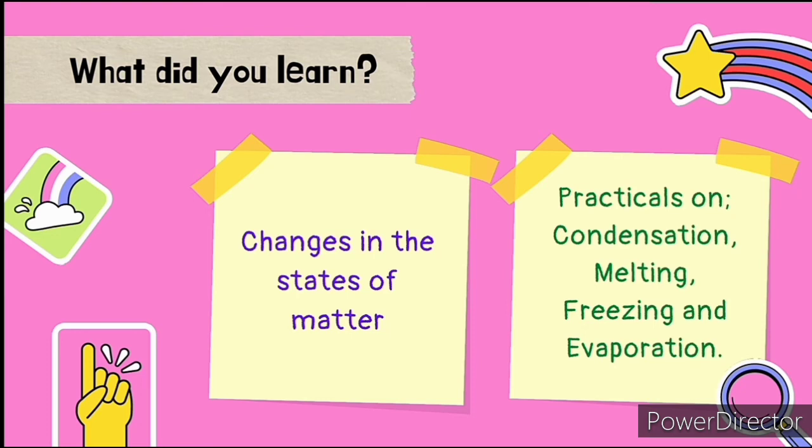Then we carried practicals on melting, where we melted our chocolate bar, our wax and butter, and it turned into liquid. Then we carried out experiments on condensation, where gas became liquid, and on freezing, where we left the liquid to cool down for some time, and when it had cooled down, it became hard and it became solid again.